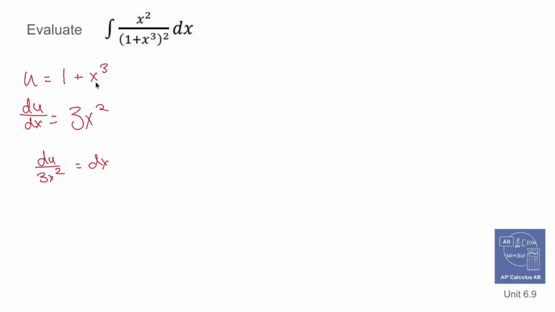Now you take that, you take the original, you do some flippy-floppy, you do some substitution stuff. x squared is still lingering, but now we have u squared on the bottom because I replaced 1 plus x cubed with u, so u squared. And I'm going to replace dx with du over 3x squared.